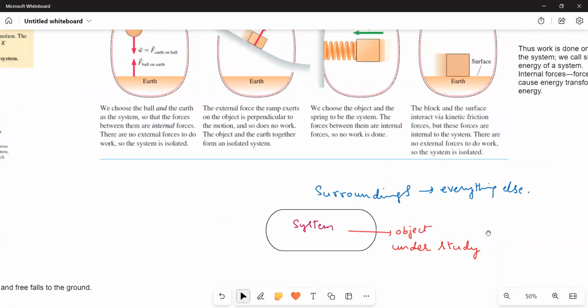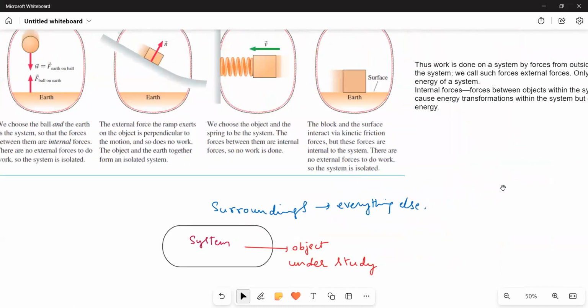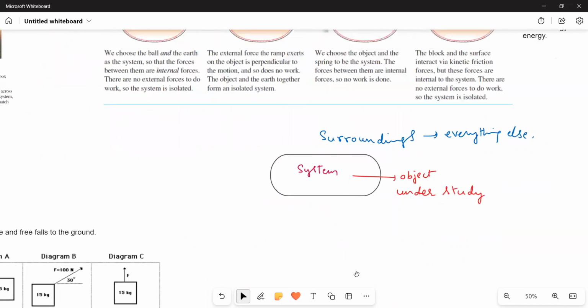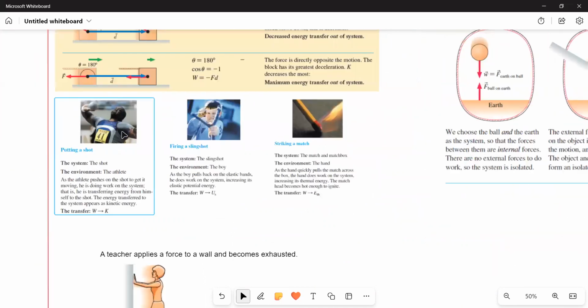And the second thing is the internal forces and external forces. The forces between the objects within the system are called the internal forces. They cause the energy transformations within the system, but the total energy of the system remains constant. Okay. Suppose, for example, I will show you here. The person is pushing the shot, or throwing the shot put.